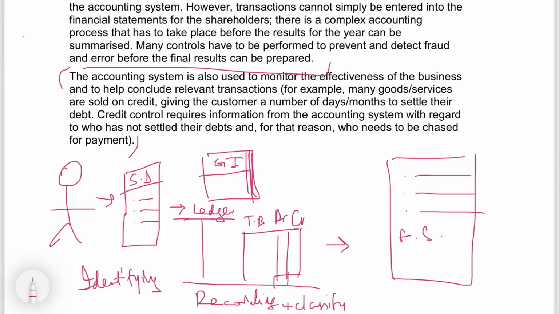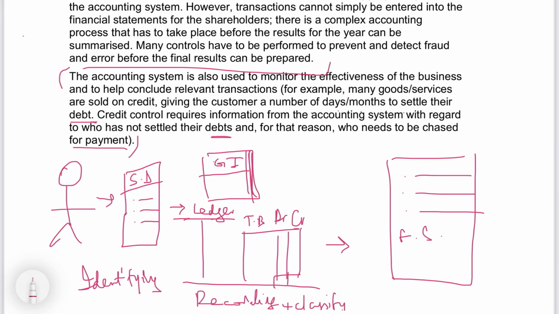For example, many goods or services are sold on credit, giving the customer a number of days or months to settle their debts. Credit control requires information from the accounting system with regard to who has settled their debts, and for that reason who needs to be chased for the payment, right?